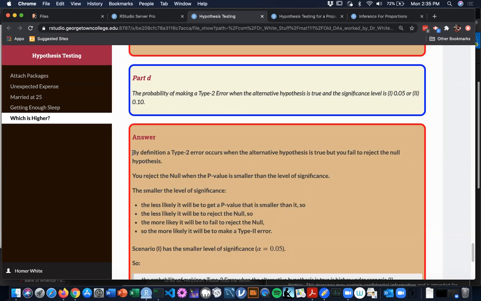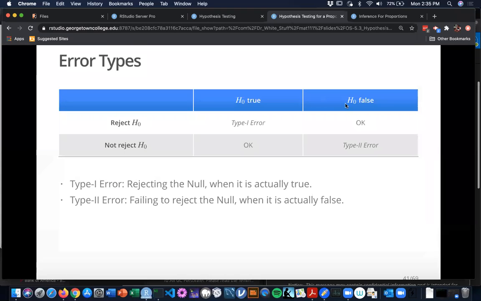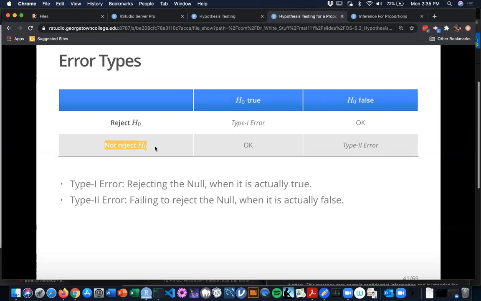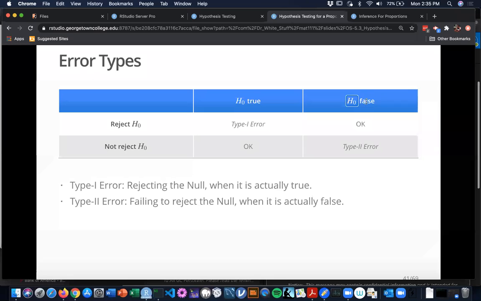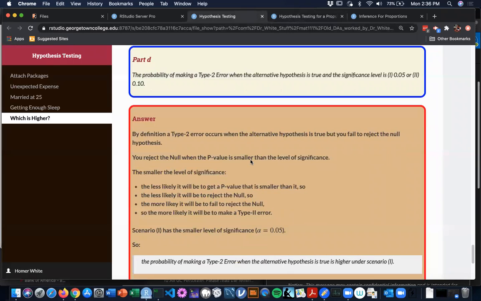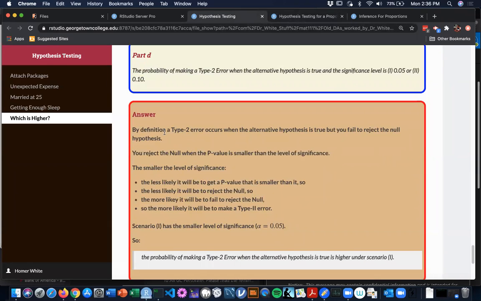So let's think this through. By definition, a type 2 error occurs when the null was false, but you don't reject it. Now, when the null is false, the alternative is true. So you can say to yourself, a type 2 error occurs when the alternative is true, but you fail to reject that false null hypothesis.